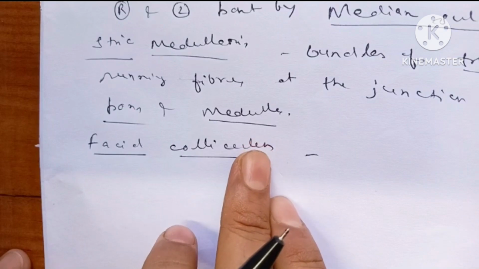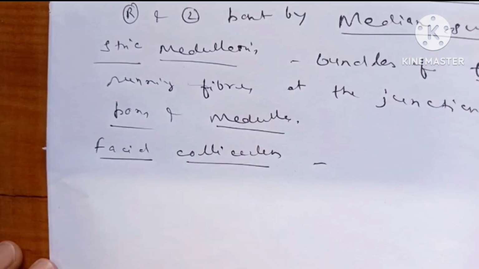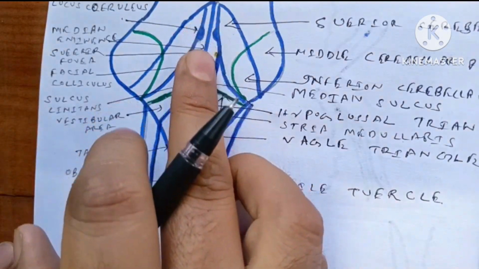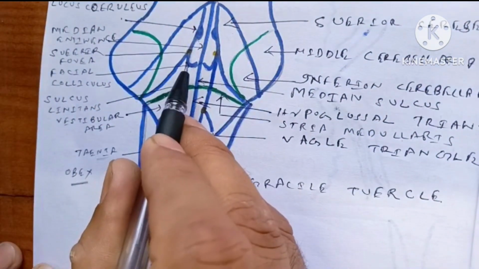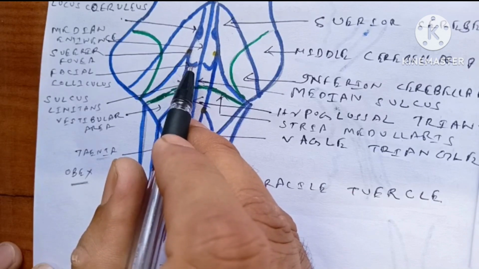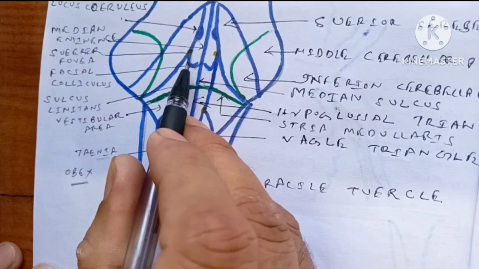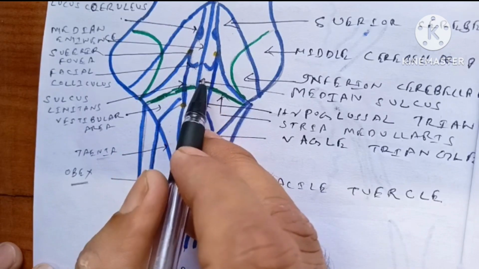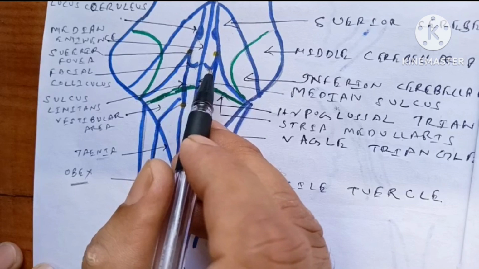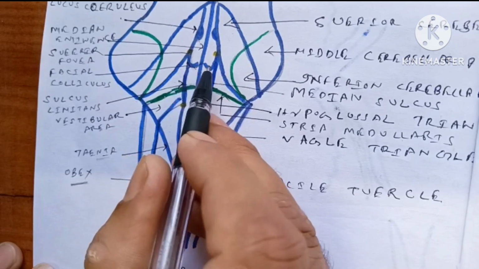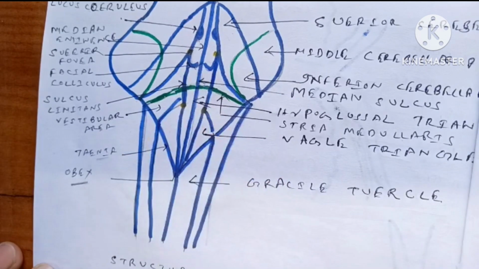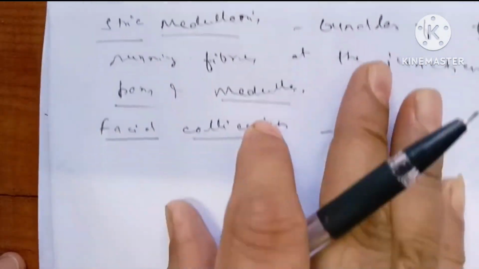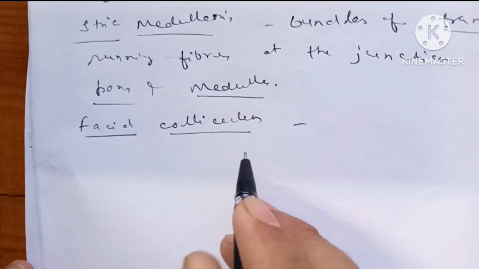Just above the stria medullaris, on either side of the median eminence, there is a slight swelling known as the facial colliculus. This swelling is produced by the fibers of the facial nerve looping around the abducens nerve nucleus. That is the facial colliculus.